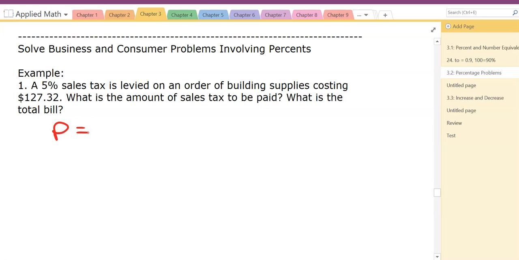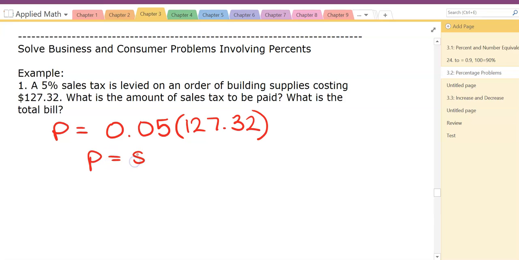We take the 5% as a decimal, which would be 0.05, so you divide that by 100. And we take that times the bill, which would be $127.32. If we do this, we get 6.366.